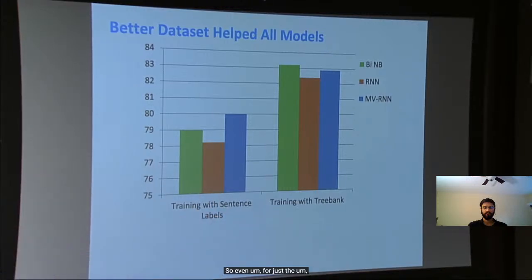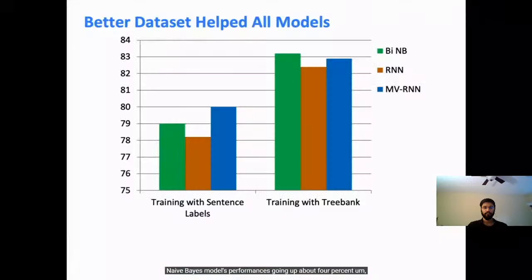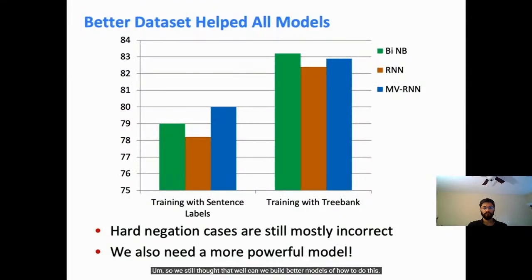So even for just the naive Bayes model, its performance is going up about 4% because it now knows more about which particular words are positive or negative in the sentences. But still, none of these performances are really great. So we still thought, well, can we build better models of how to do this?